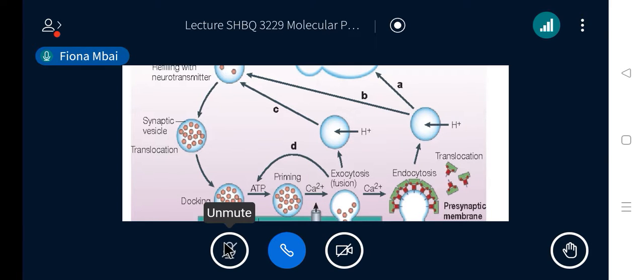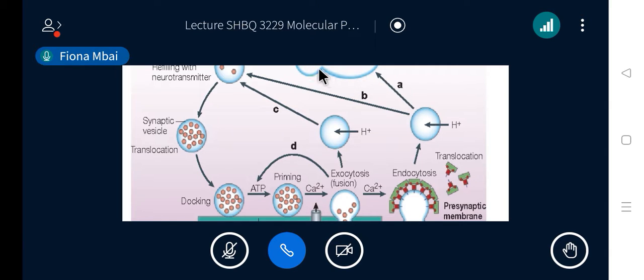Okay, thank you, Daniel. So, what is this special thing about cytosolic calcium? It is essential in both endocytosis and also exocytosis. So let us look at this. Here you have the early endosome.